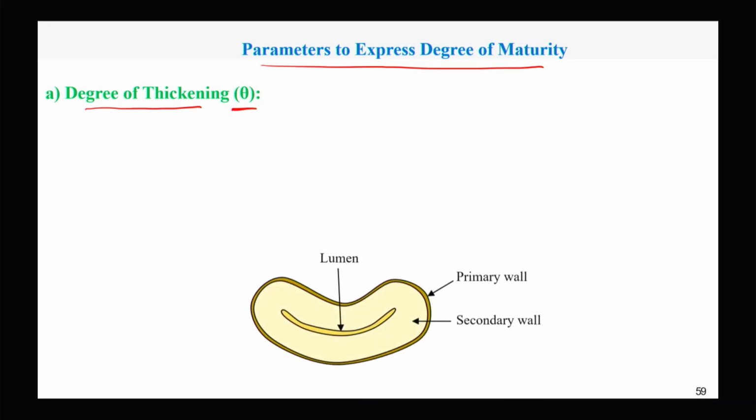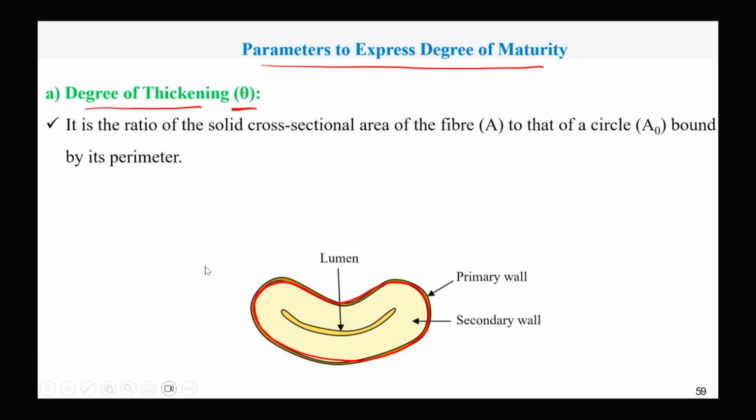Here, this is the fiber cross section, and the perimeter is the total length of the outer surface.